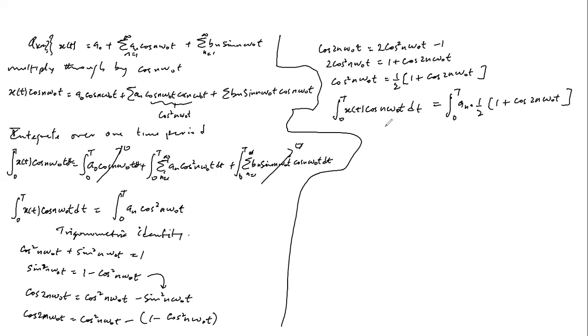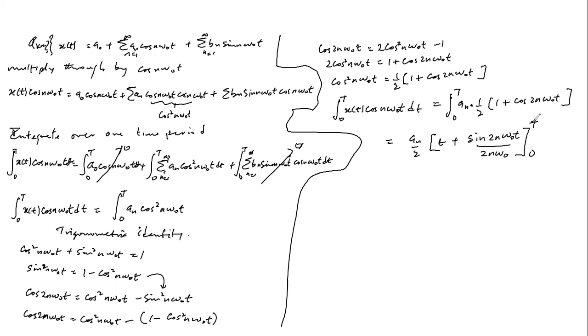So when we integrate, we'll bring out all of this. That's a_n over 2 into bracket: integrate 1, that is t, plus cos 2n omega naught t will give us sine 2n omega naught t divided by 2n omega, from 0 to T.